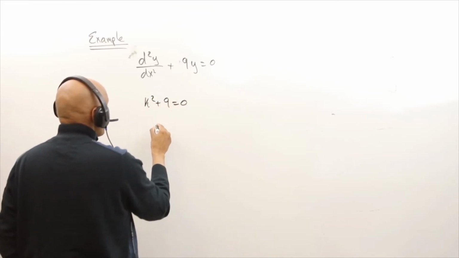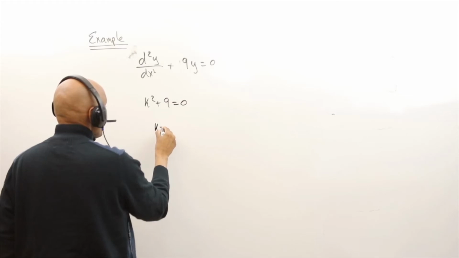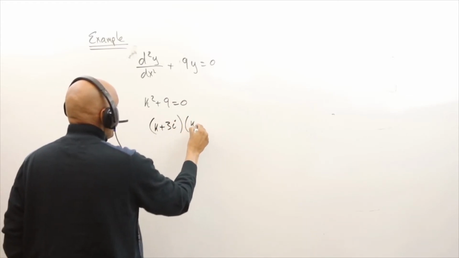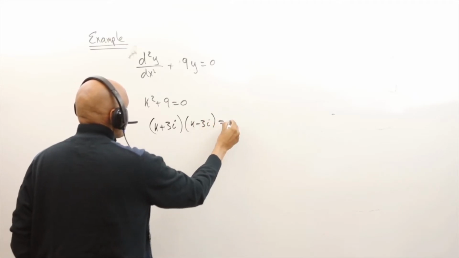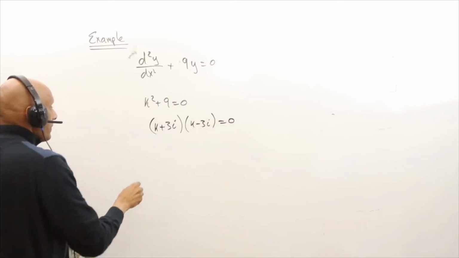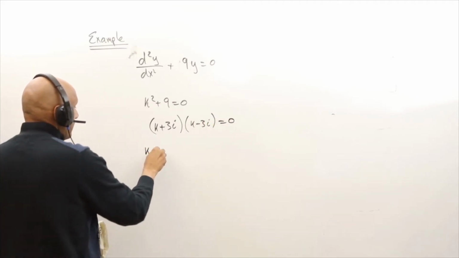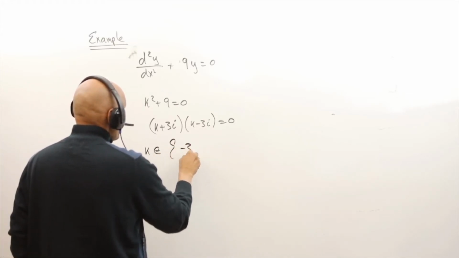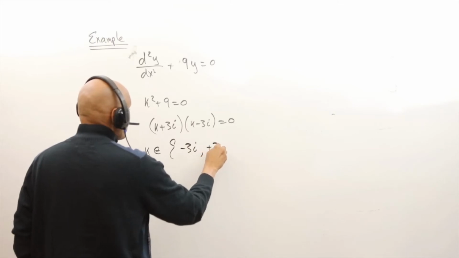But what we have, right, is that the solutions are basically k plus 3i times k minus 3i, where i is a complex number. So we're expecting that solutions of k is equal to minus 3i and positive 3i.